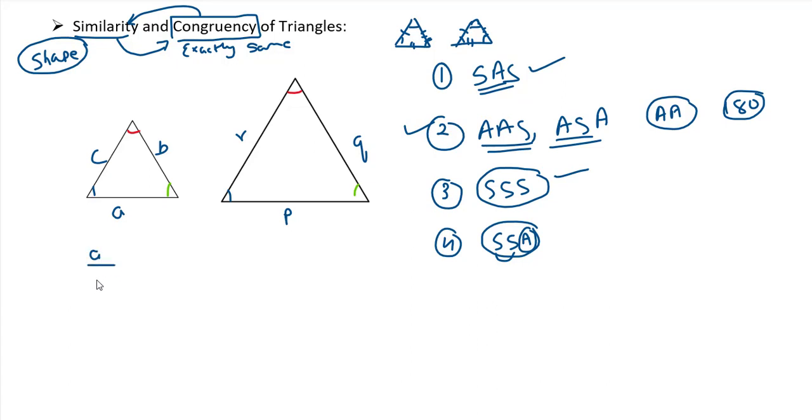So A upon P, side opposite to the equal angles. So this angle is equal to this angle, side opposite to this angle is A, side opposite to this angle is P. Then next, for these two angles that are equal, side opposite to this angle is C and side opposite to this angle is R. Then for this angle, side opposite to this angle is B and opposite to this angle is Q. So this is how we write the ratios of proportional side.